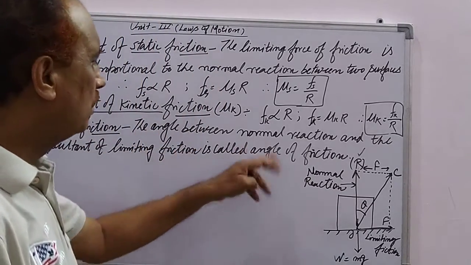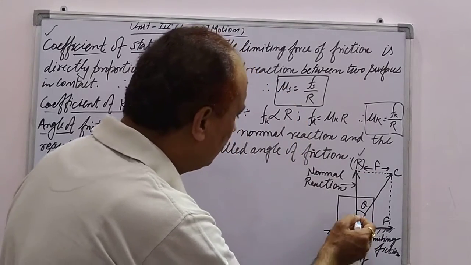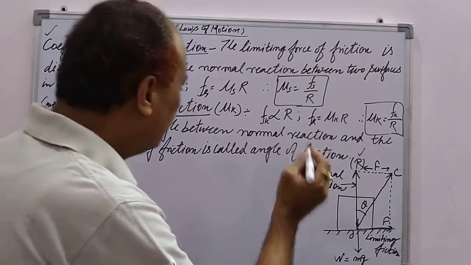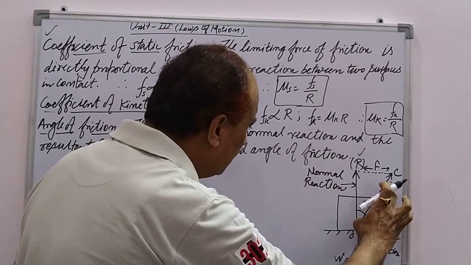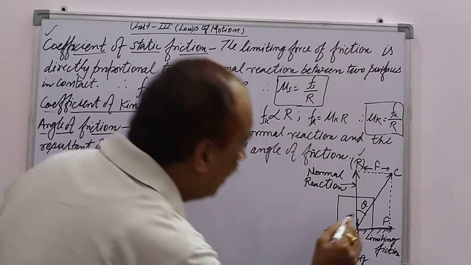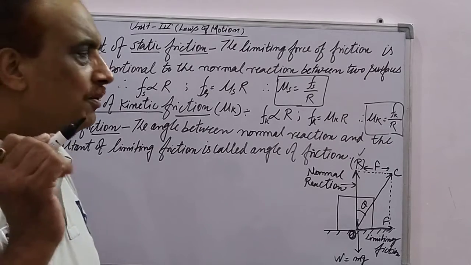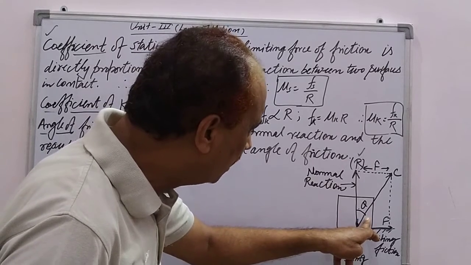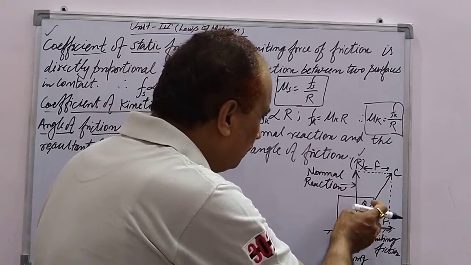This is the normal reaction, and OC is the resultant of the limiting friction and the normal reaction. Now the angle between them is equal to theta. This theta is called the angle of friction. So this angle is made between the normal reaction and the resultant of the limiting friction and the normal reaction.